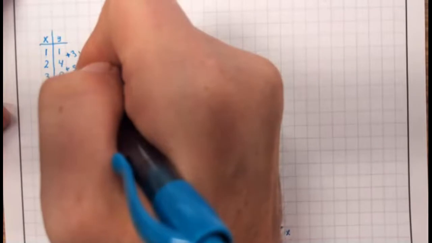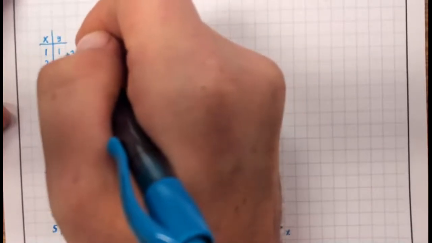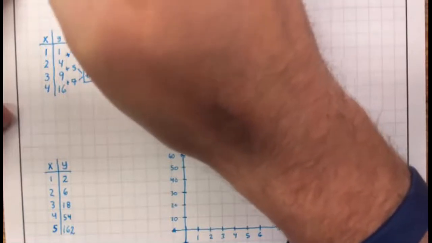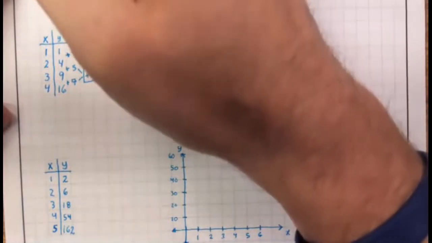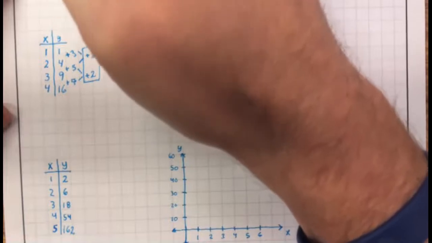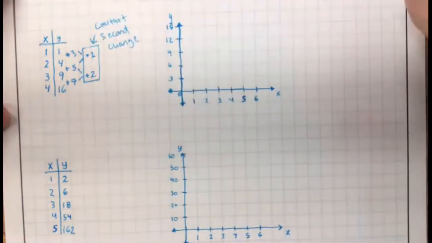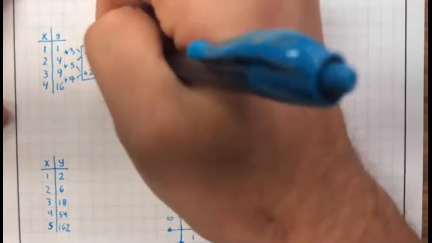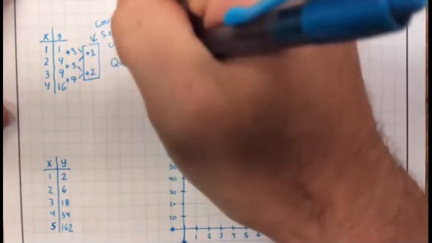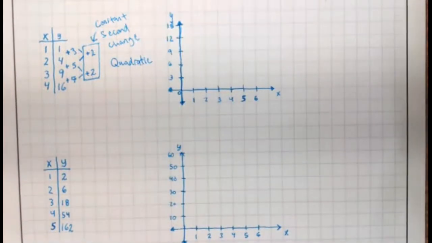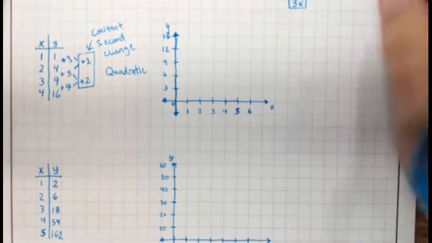So when you see this, it's not a constant rate of change, this is a constant second change. Anytime you see a constant second change, your expression, your function is going to be quadratic. Just write that in here real quick. Constant second rate of change, you have a quadratic function.